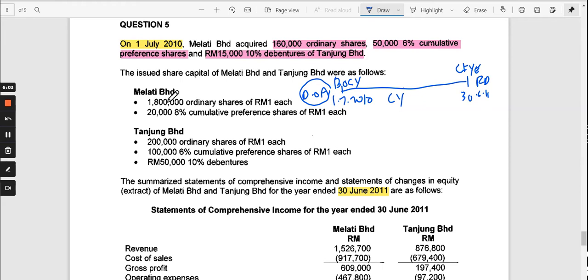So what you can do first is to identify what is the percentage being acquired for ordinary shares, preference shares, and debenture.